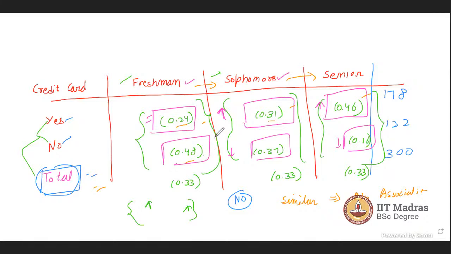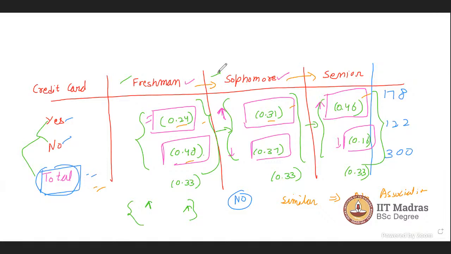It's not similar to the second column values, and it's not similar to the third column values also. It is 1:2 for freshman, and for sophomore it's not near about 1:2. You can also understand it like that. It keeps on increasing.